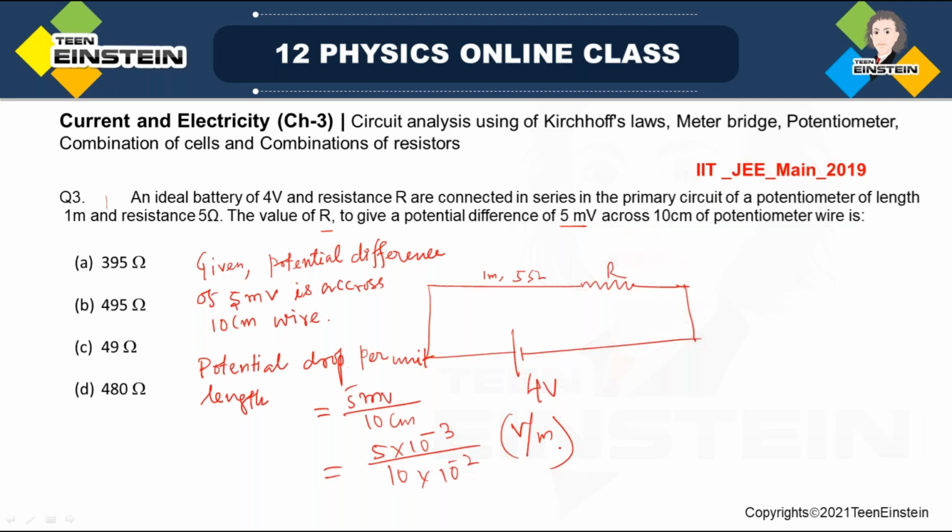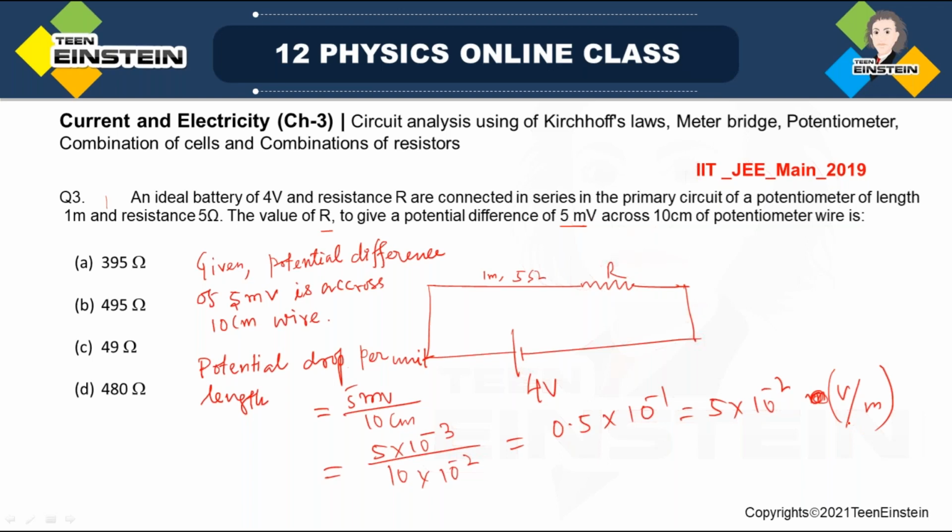So that is 0.5 into 10 to the power minus 1, that means 5 into 10 to the power minus 2 volt per meter.